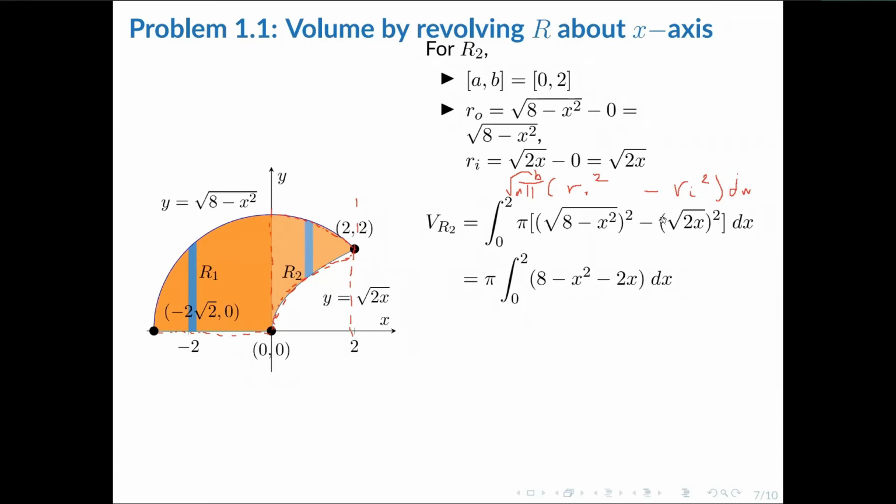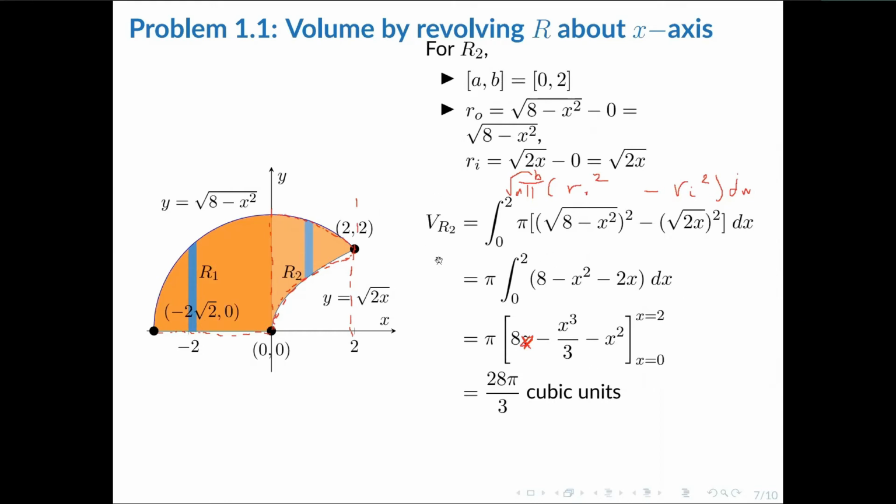So simplifying the integrand, we get this expression or this integral, and solving for the integral we get, so ito ay dapat x, so 8x minus x cubed all over 3 minus x squared from 0 to 2. So the answer would be 28 pi all over 3 cubic units.